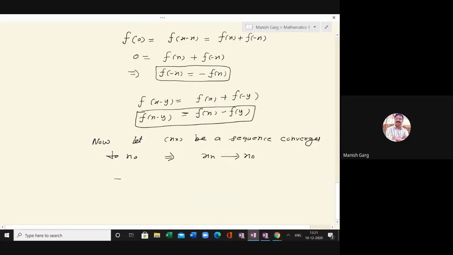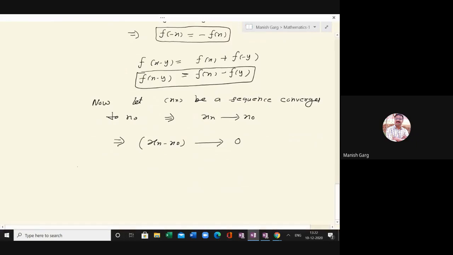So I am writing in a compact form: xn minus x naught will also converge to 0. This is simple. Now you need to check f(xn) minus f(x naught). This you can write as f(xn minus x naught).